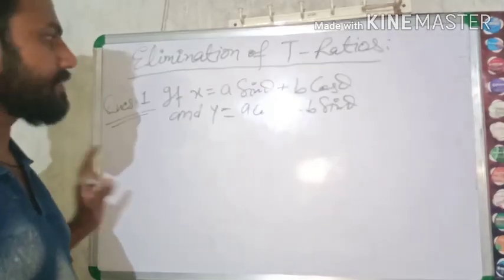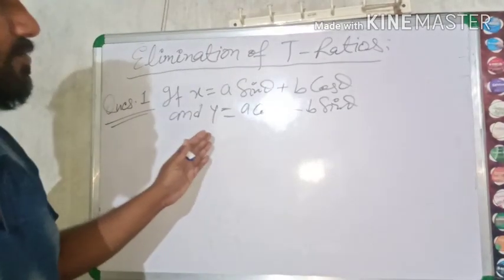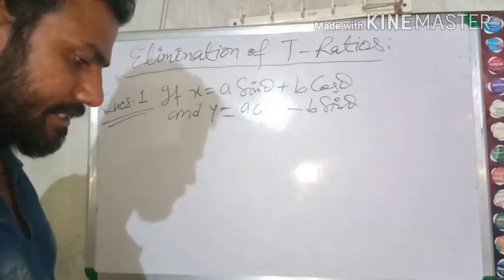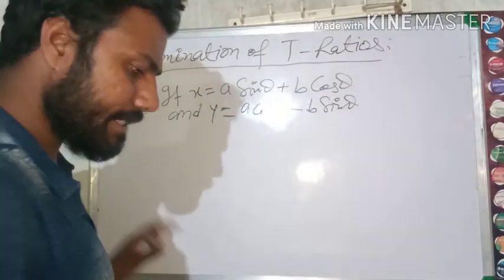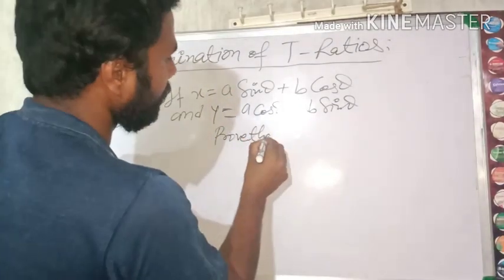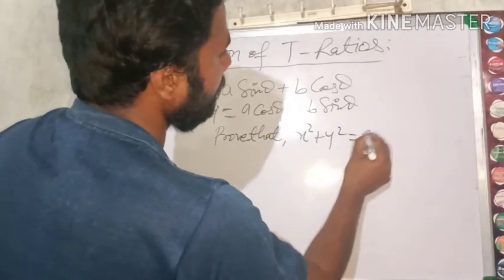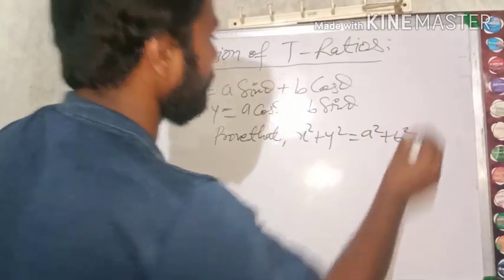It is given that if x is equal to a sin theta plus b cos theta and y is equal to a cos theta minus b sin theta, then prove that x square plus y square is equal to a square plus b square.